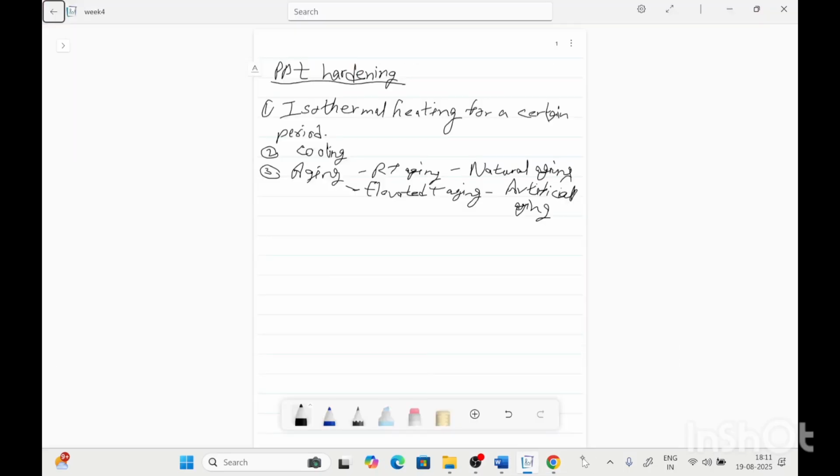Due to the isothermal heating of the alloy, the supersaturated solid solution is obtained.